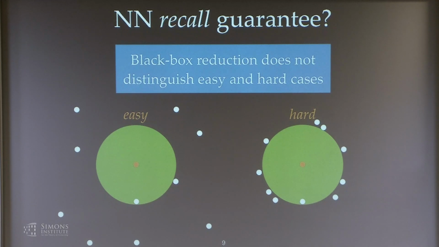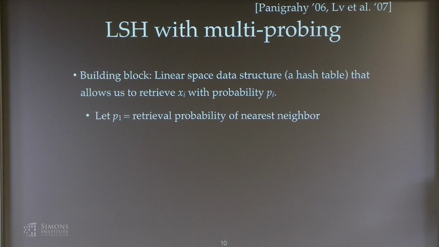What you can do, and what people have also observed, is unpack this black box and look at some of the methods that are actually used. For example, one could do this with LSH, with multiprobing. I can explain in a few minutes what it is, but I'm going to treat it as an abstract black box.